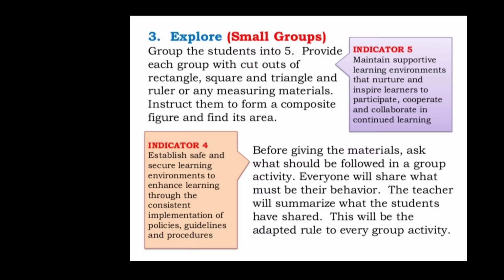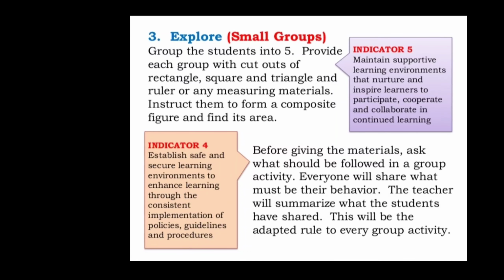This activity supports indicator 5 because group activity is a learning opportunity where students engage to participate, cooperate, and collaborate in continued learning in a small group. Again, lesson plan is not a supporting MOV for indicator 4, but it's still necessary that you have your plan for indicator 4 so that when the actual observation comes, you will not forget it, and of course, the result will be higher rating under quality.